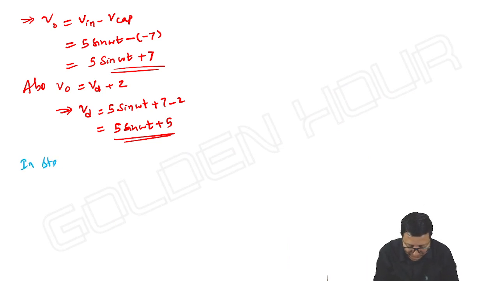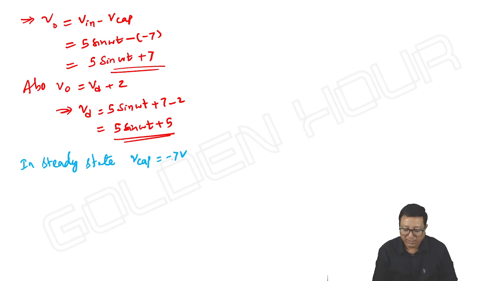In steady state, V capacitor is equal to minus 7. Also, we can write it like it is V input minimum minus V reference, and output is equal to 5 sin omega t plus 7.